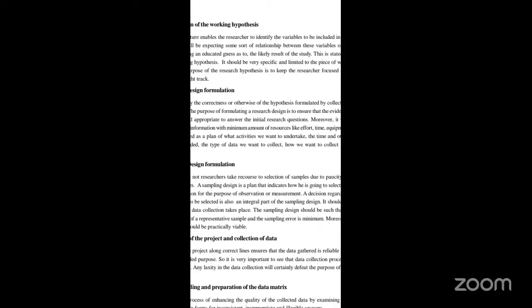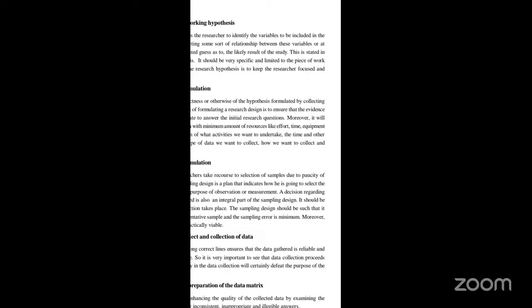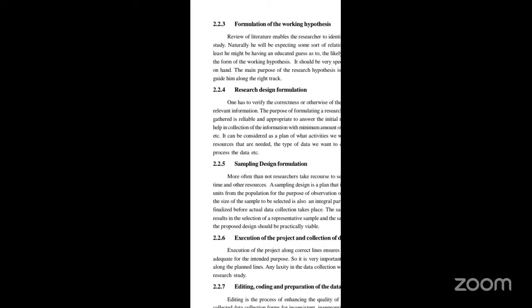It should be very specific and limited to the piece of work at hand. The main purpose of the research hypothesis is to keep the researcher focused and guide him along the right track.